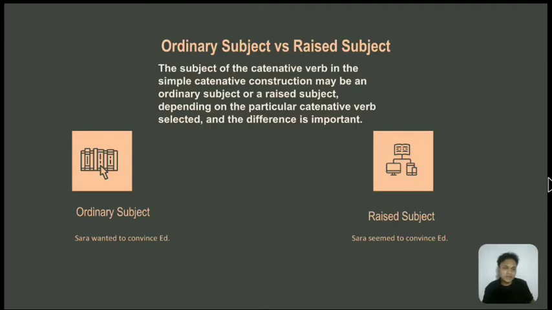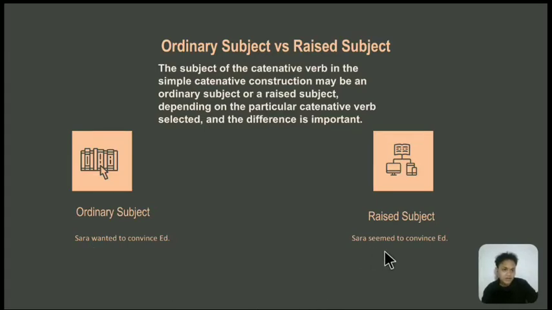Ordinary subject and raised subject. In catenative construction, there's an ordinary subject and a raised subject. What is the difference between these 2 sentences? Okay, in ordinary subject, Sarah wanted to confess Ed, and in raised subject, Sarah seemed to confess Ed. In ordinary subject, the subject is connected directly with the verb. When you read this, you're sure that the one who confesses, or the one who does the verb, is Sarah.